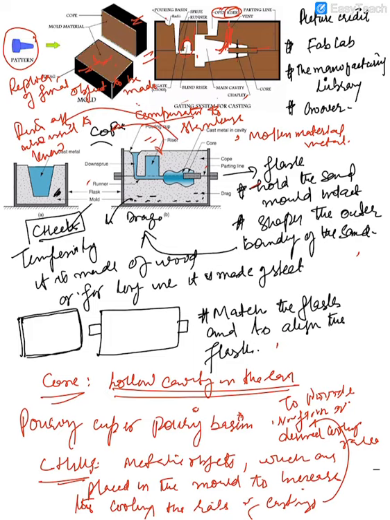Now, we can also see from these diagrams that here we have an open mold and a closed mold. An open mold is directly exposed to the environment. When we shape a liquid in it, it is exposed to the atmosphere, so it's called an open mold. In a closed mold, the mold is not directly exposed to the environment.